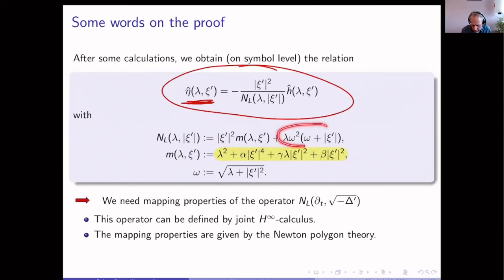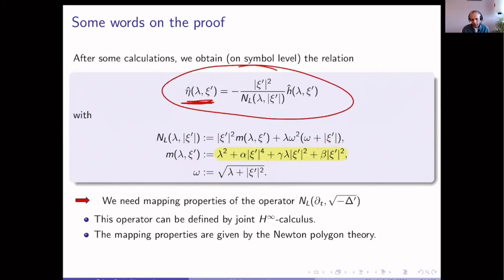And then additionally, we have this part where we have this typical omega. So this omega is the square root of lambda plus psi prime squared. And we have seen this many times already. This always comes from just solving the equation in the interior, as in the Chevron problem, and then taking the normal derivative, and this corresponds to the normal derivative on this level. Yeah? And here we have a complicated expression. You have lambda, omega squared, and this. So this is our result.